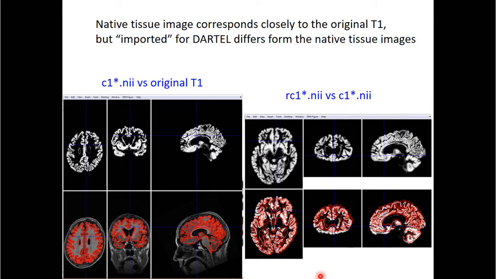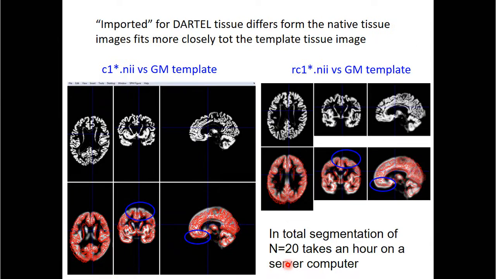So this is to illustrate the difference between the native space gray matter segment. You see it precisely corresponds to the source image. And here we compare the registered and native. They're not the same. And here you can see why they are not the same.